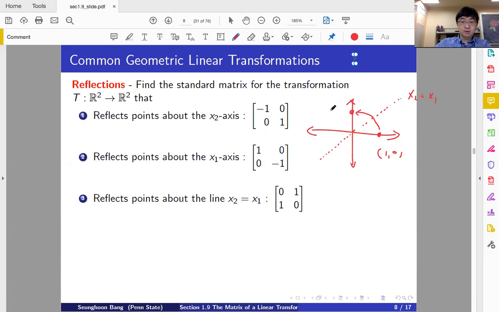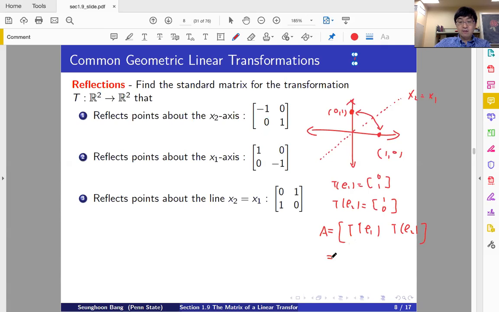We have 0, 1. So what does it mean? T(E1) equals 0, 1. The next one, what's T(E2)? This is E2, 0, 1. Reflect about x1, going back to 1, 0. So T(E2) is going to 1, 0. So same, was it like the standard matrix A? Standard matrix A is T(E1), T(E2).